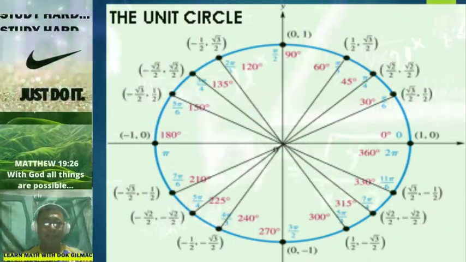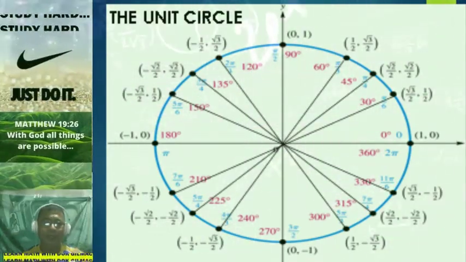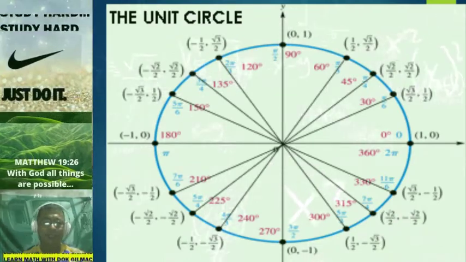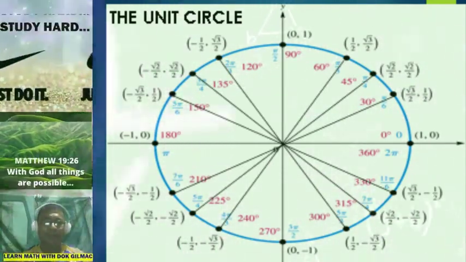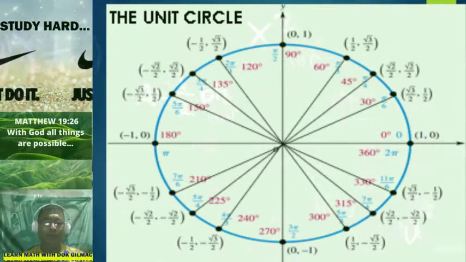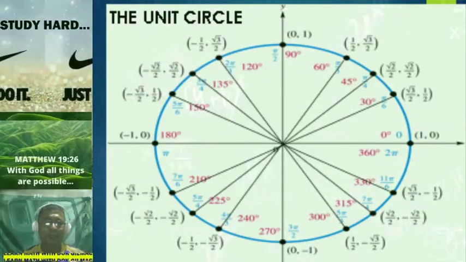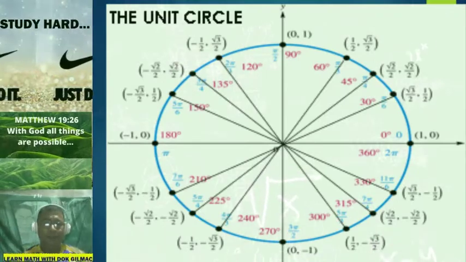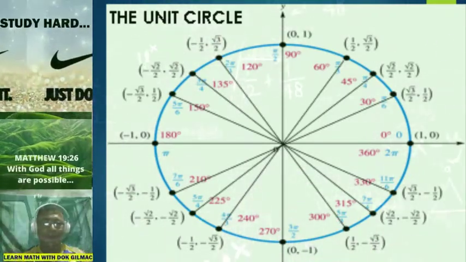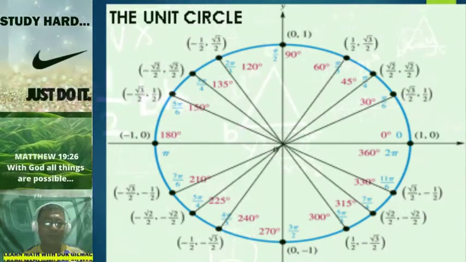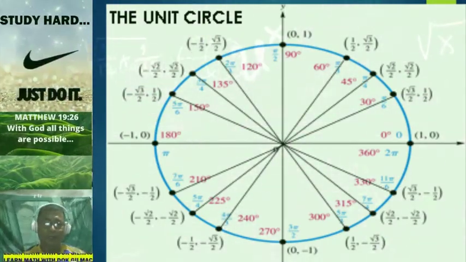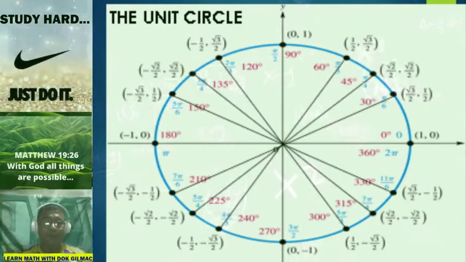For 0 degrees, 90, 180, 270, and 360, these angles here are all quadrantal angles, wherein if we are to get the coordinates in a unit circle, from 0 degrees we have 1 and 0, wherein cosine of 0 is 1, sine of 0 is 0, or the P of xy is simply 1 and 0.